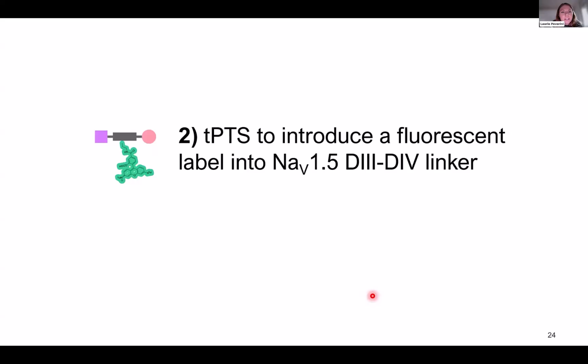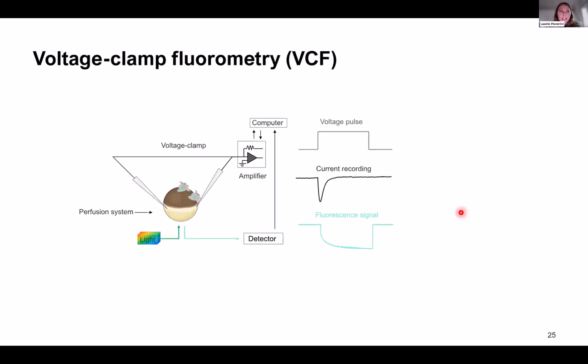In this project, this time we have introduced a fluorescent label, this rhodamine dye, into the NaV1.5 D3D4 linker. And the aim of that was to do some voltage clamp fluorometry, in short VCF. For those who are not familiar with this technique, it's an electrophysiological technique that combines a two-electrode voltage clamp setup associated with an optical system.